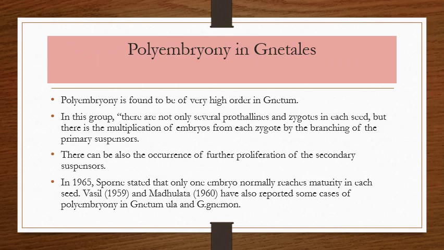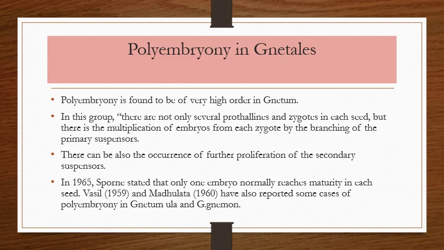Let's discuss polyembryony in Gnetales, which are also members of the gymnospermic plants. All Gnetales exhibit polyembryony, and polyembryony is found to be of very high order in Gnetum. In this group, there are not only several prothallial cells and zygotes in each seed, but there is the multiplication of embryos from each zygote by the branching of the primary suspensors.